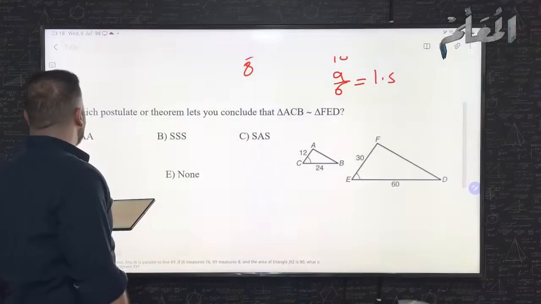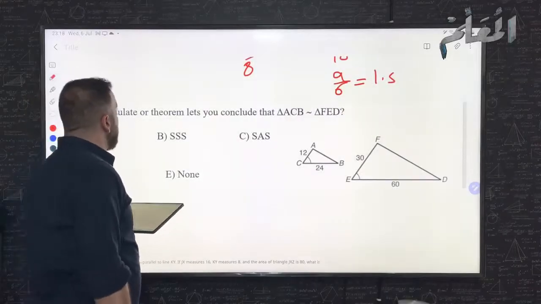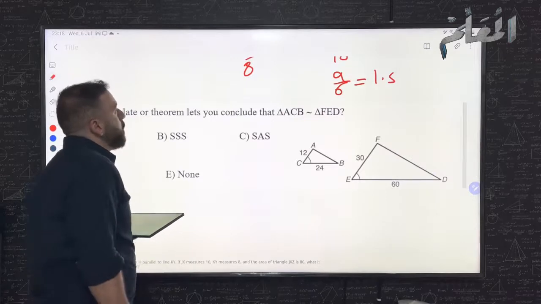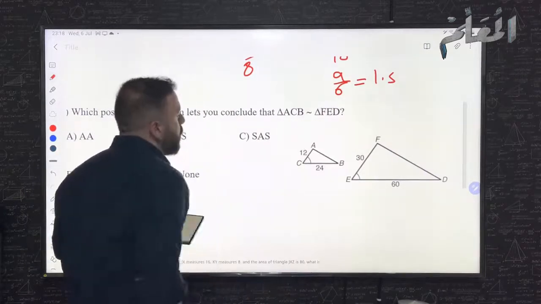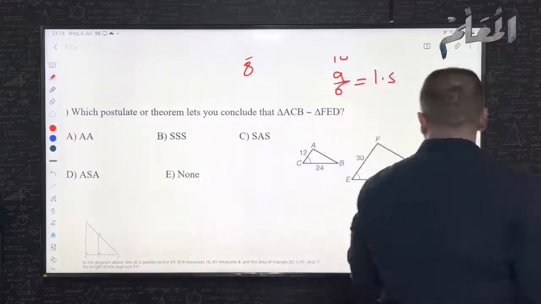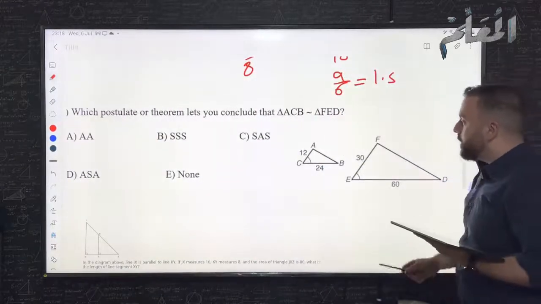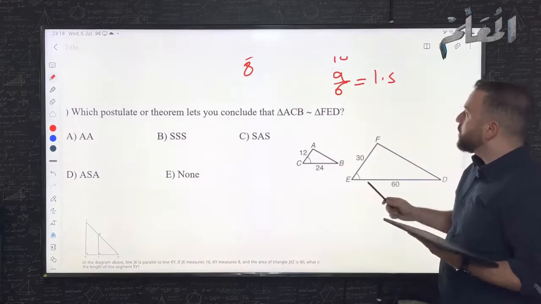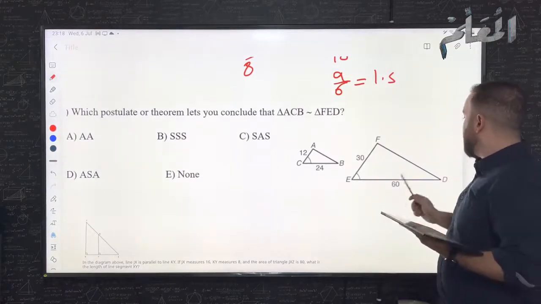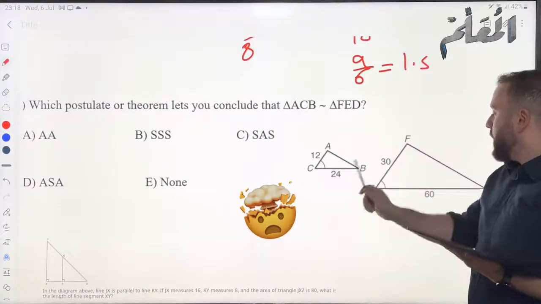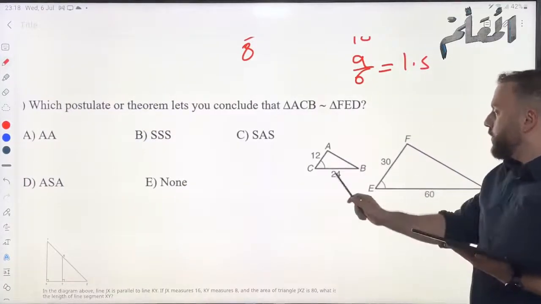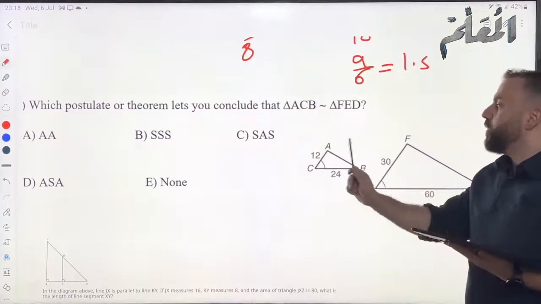Which postulate or theorem lets you conclude that triangle ACP is similar with triangle FED? ACP with FED. So, of course, 60 divided by 24 is equal to 30 divided by 12.